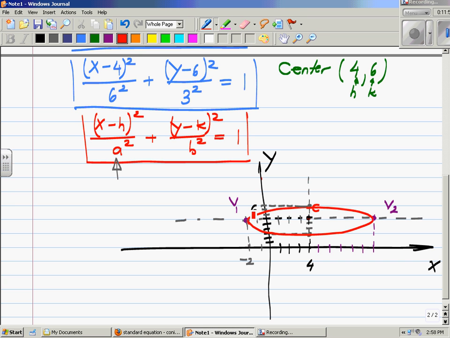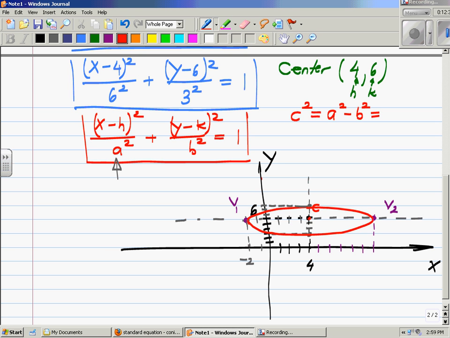Okay. Now, if the problem is asking you to find the foci, how can you find that? What do you need? Well, you need to find c, which is the distance from your center to your two foci. And for an ellipse, the relation between c, a, and b is that c squared is a squared minus b squared. And you just plug in your values.